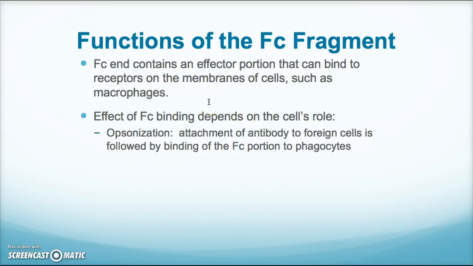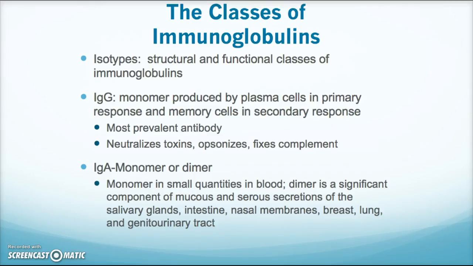In that sense, it can make it easier for phagocytosis to occur. So again, we talked also about opsonization, which is the attachment of that antibody to those foreign cells, and then that Fc portion will attach to the phagocytes, which allows the phagocytes to get a good grip and actually engulf the antibodies and the invading cells.